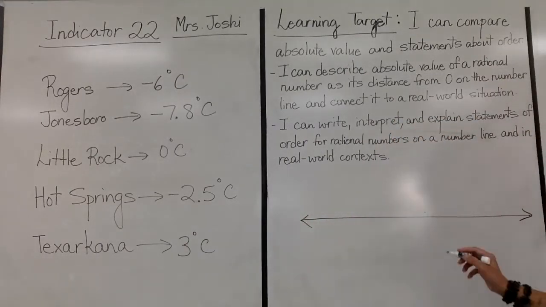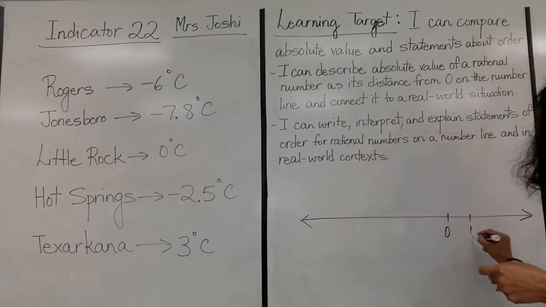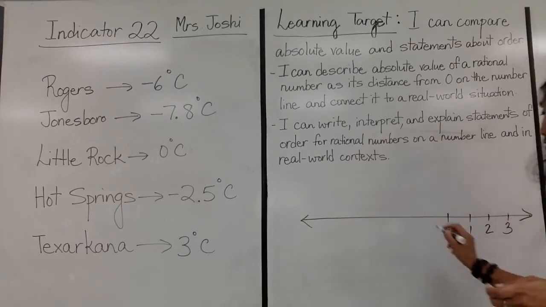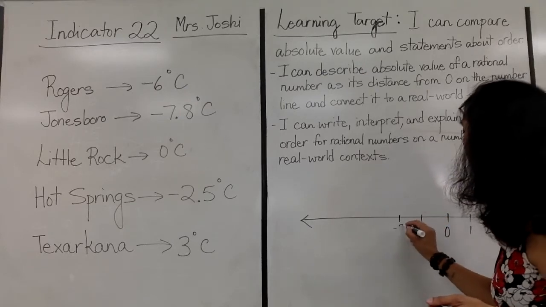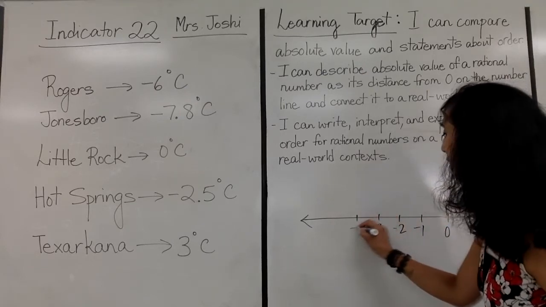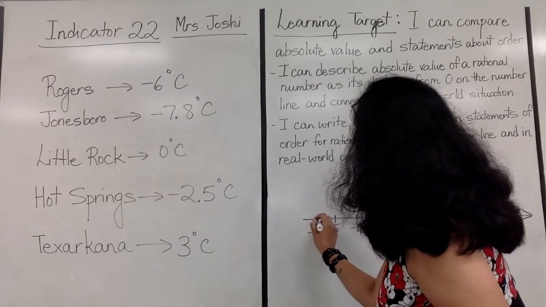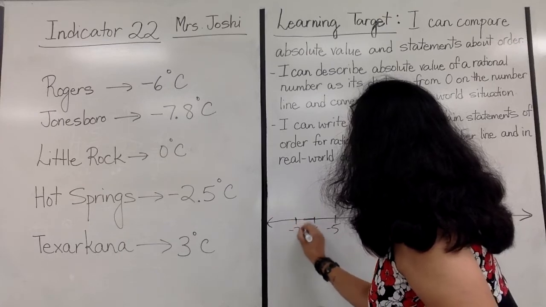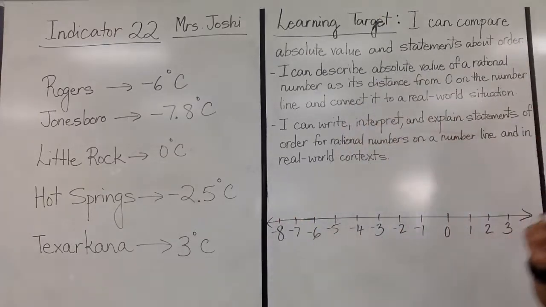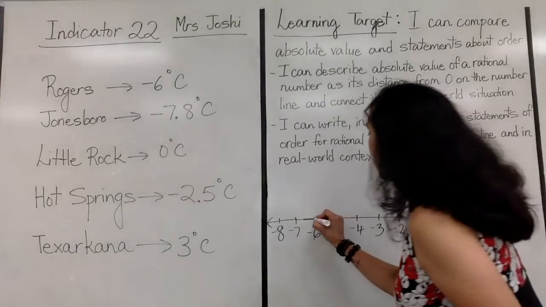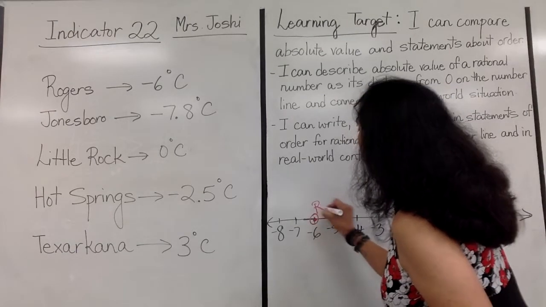So if I go and do 0 here, 1, 2, 3, to the left I'm going to be negative: -1, -2, -3, -4, -5, -6, -7, -8. Okay, so let's plot these so that you can see and compare. If I have Rogers at -6 degrees, so this is Rogers.